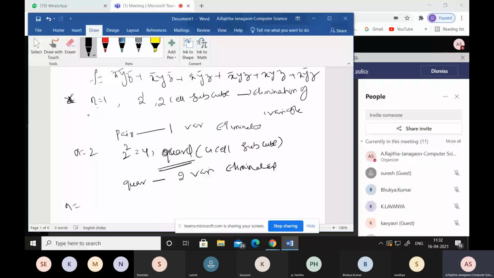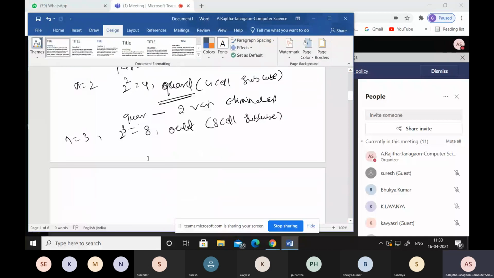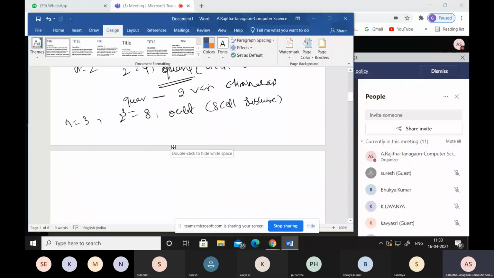Suppose n equal to 3 means 2 to the power of 3 means 8, means what? Octet. If it is an octet, it is an 8-cell subcube. In an 8-cell subcube, how many variables are removed here?